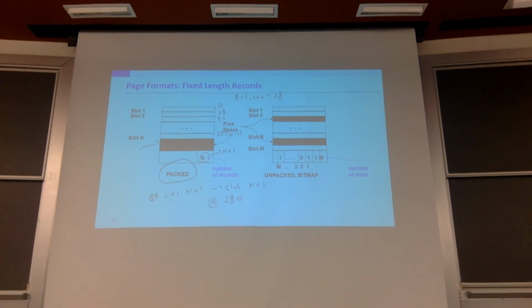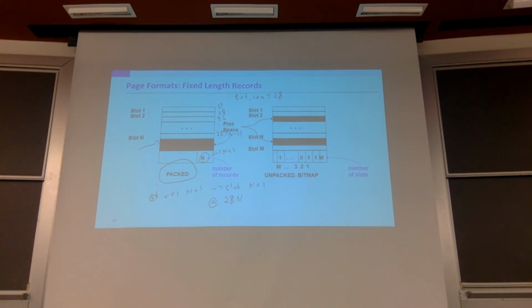That's for insertion. If you do a deletion, if you delete something at the very back, like at the very end of the slots, that's fine. You just deduct 1 from the number of records here. Then it's good. But what if you delete something that's in between?